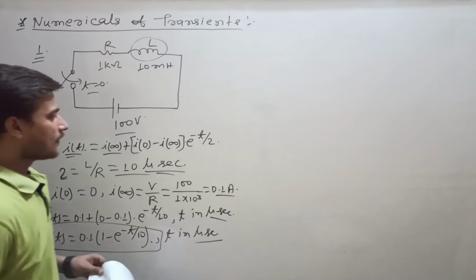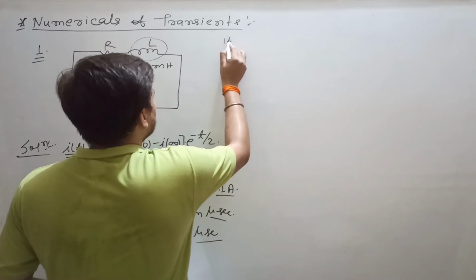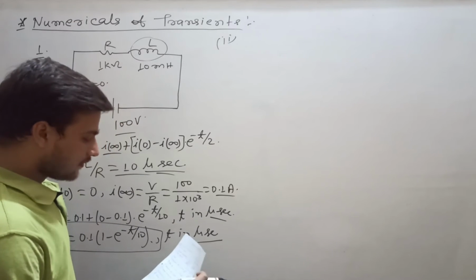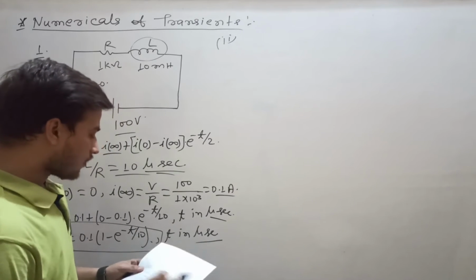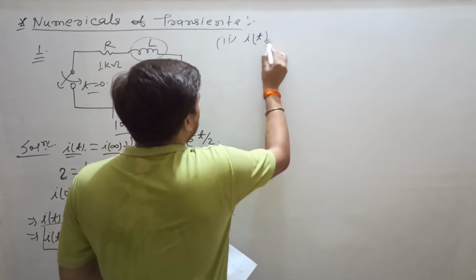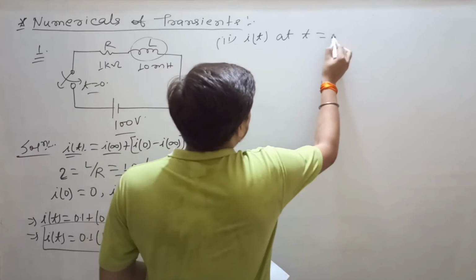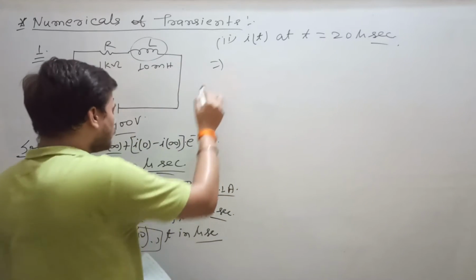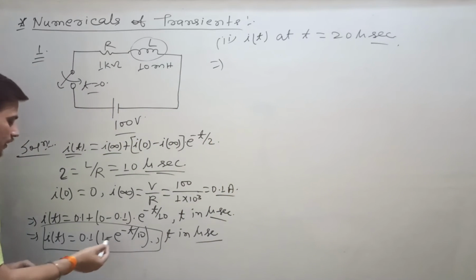Clear? Come to the second part of the question. We have to find the value of current i(t) at t equal to 20 microsecond. So we put t equal to 20 in this expression.